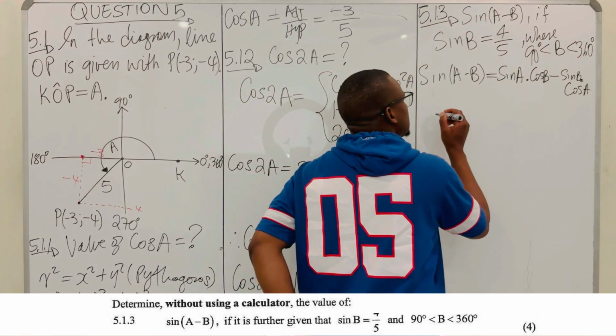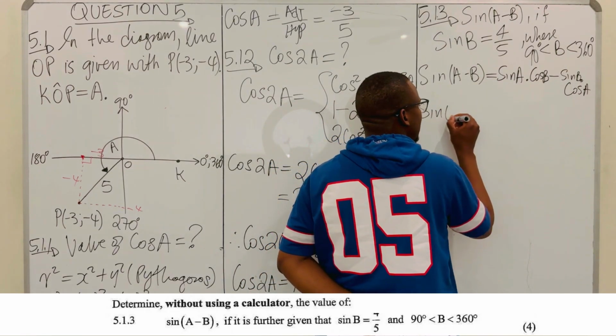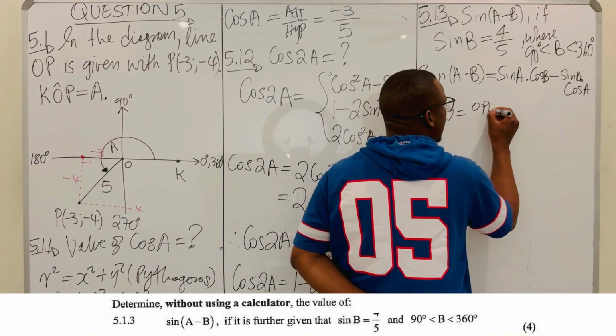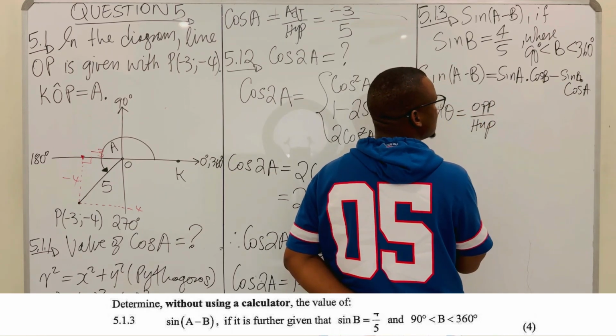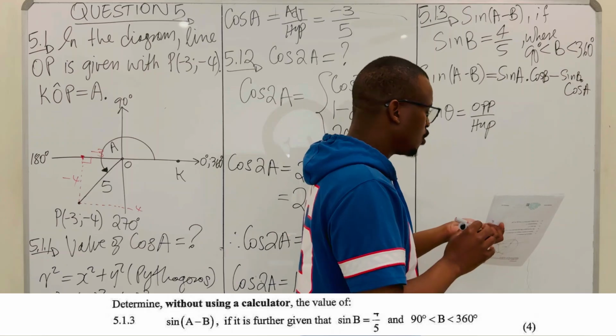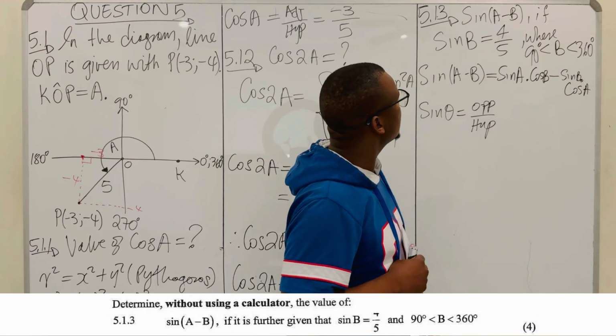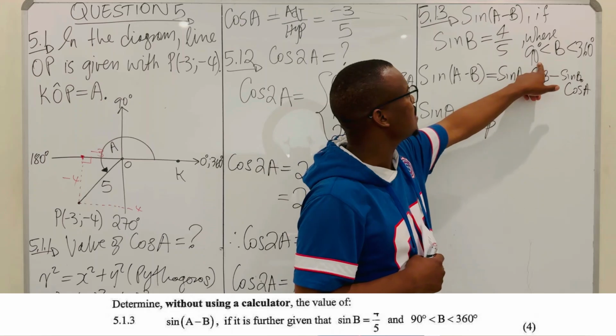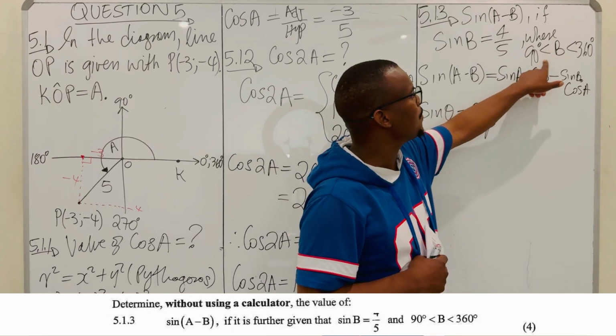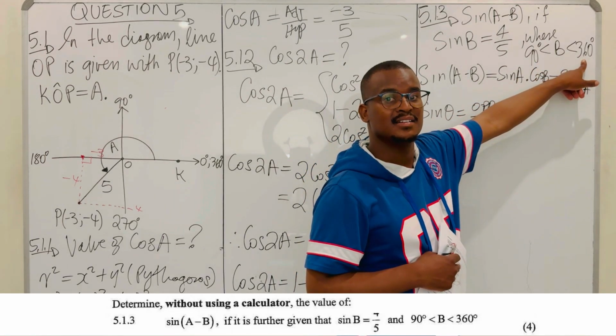You know that sine theta is equal to the opposite side over the hypotenuse side, right? Fine. So what you have here, you are given an angle that is more than 90 but less than 360.